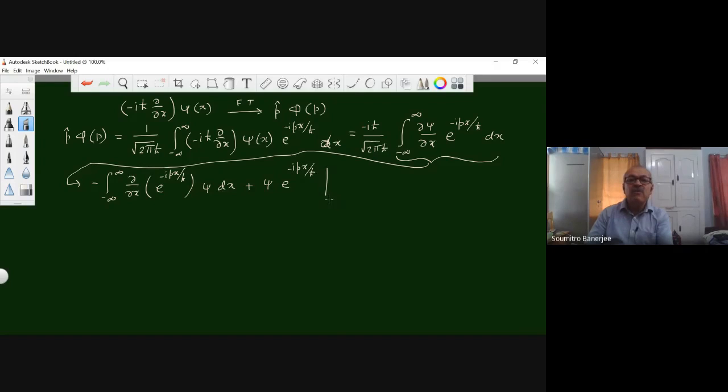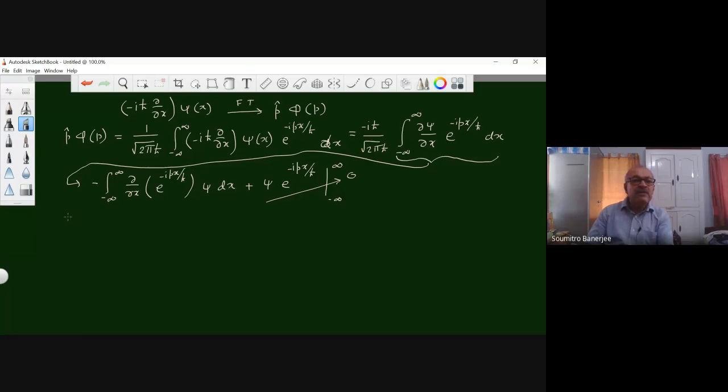This is computed from minus infinity to infinity. Now this is definitely 0 because psi goes to 0 at both ends. So this term is 0. So we end up with only this.